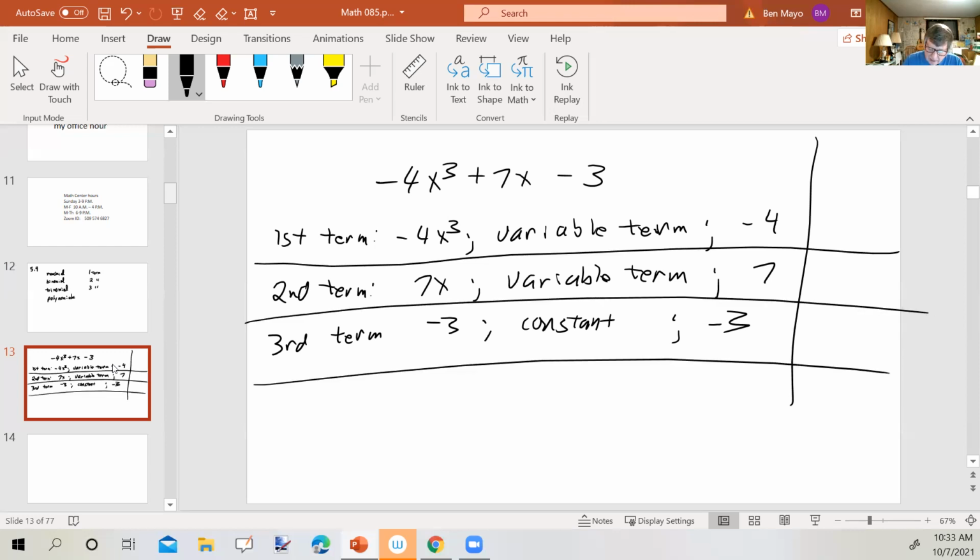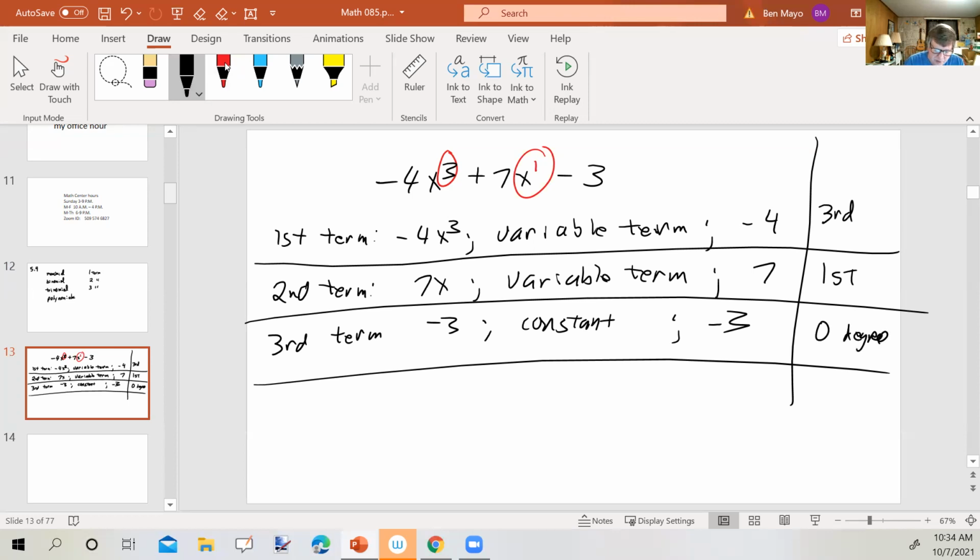The degree of the first term is third. It's a third degree term because of the 3 exponent on the variable. The degree of the second term is 1, or first, because of the implied 1 on the variable, the coefficient. The third term is of 0 degree.